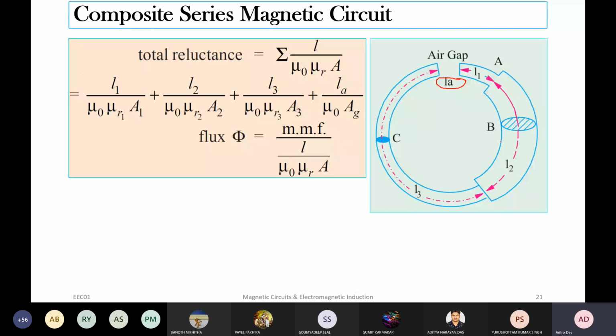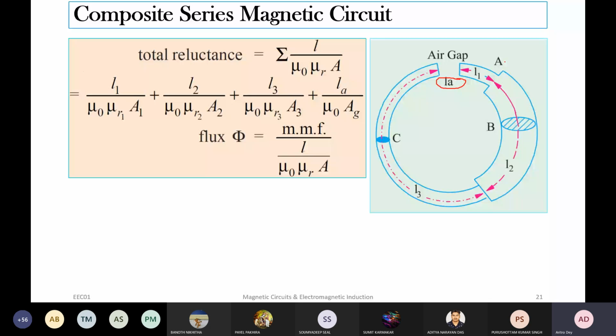C is another magnetic material. All these three have different cross section areas, A1, A2, and this is A3. It can be written as AG for the air gap.